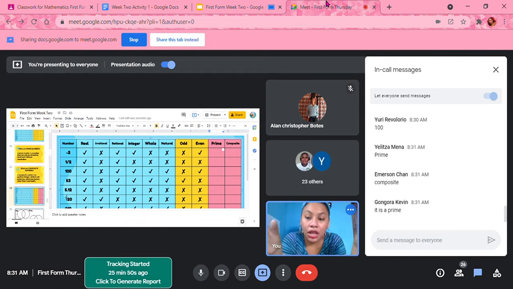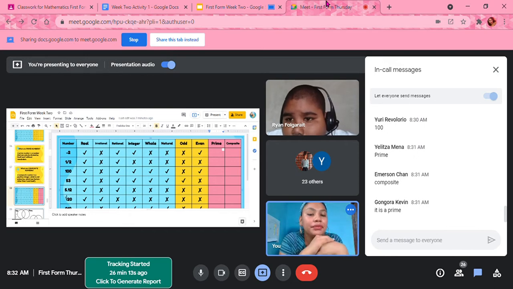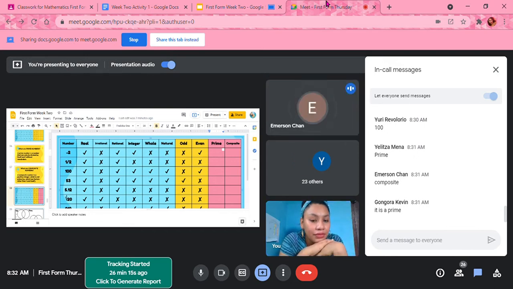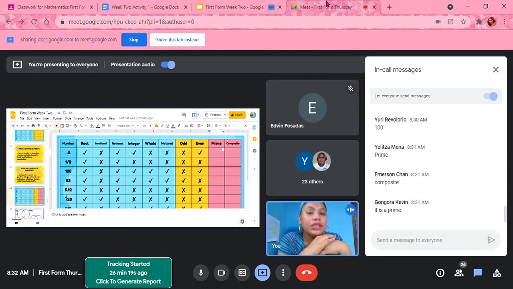All right? Let's look at the number 2, because a prime or a composite could be negative. It doesn't matter if it's negative or positive; we're only looking at the number. So look at 2. Is 2 prime or composite?